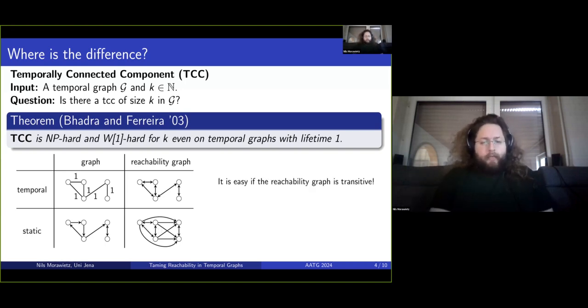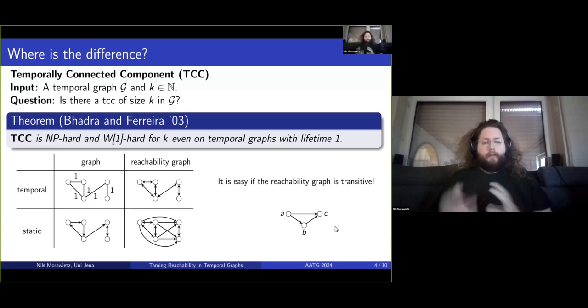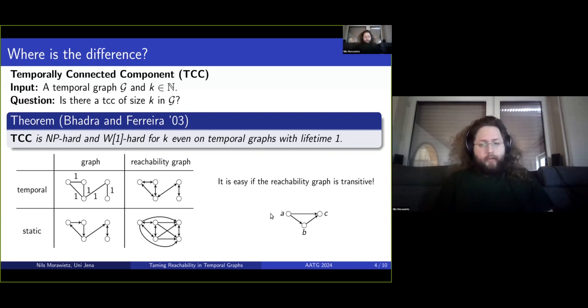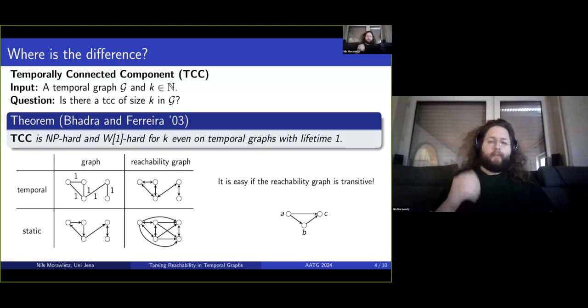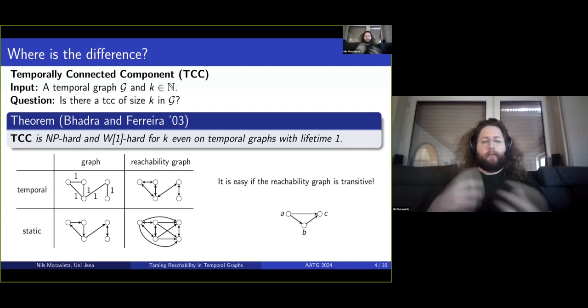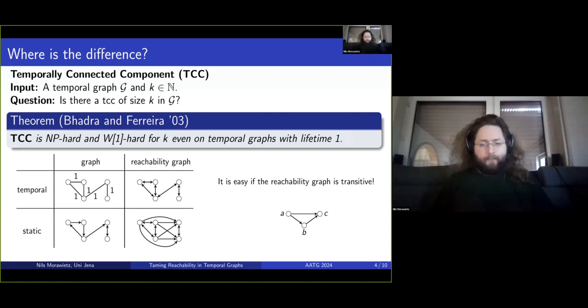The reason is that the reachability graph of a static graph is known to be transitive, meaning that if we have a path from A over B to C, then we also have the arc from A to C. And the bidirectional cliques in such transitive graphs have the property that each vertex is contained in exactly one maximal bidirectional clique, which makes it easy to find the unique partition.